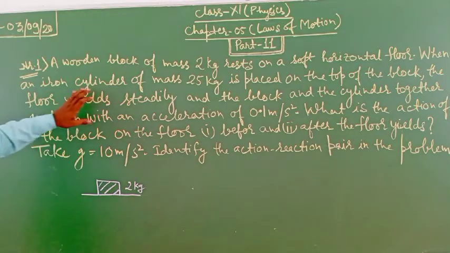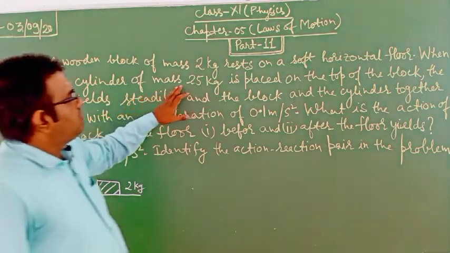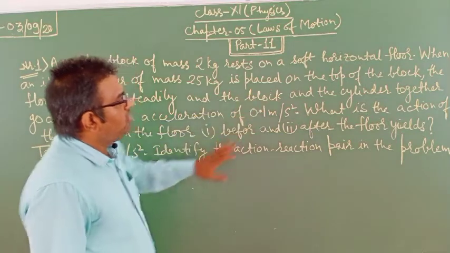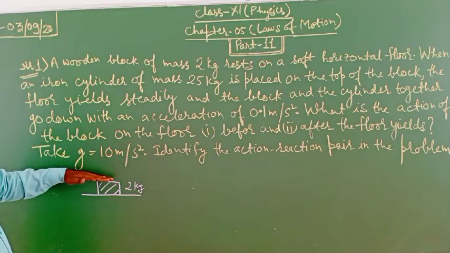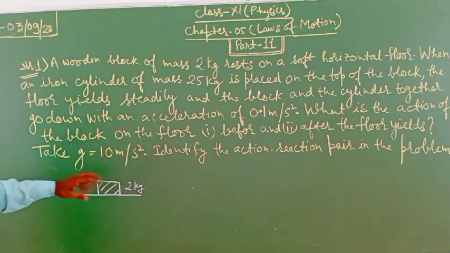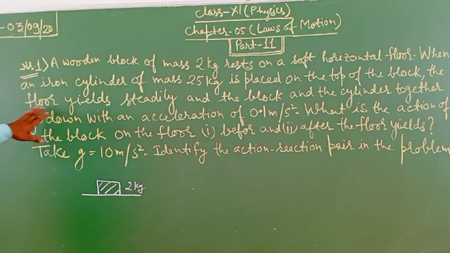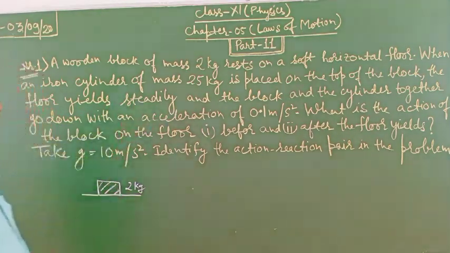When an iron cylinder of mass 25 kg is placed on the block, the floor yields steadily. What does it mean?